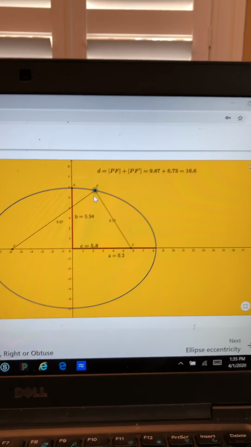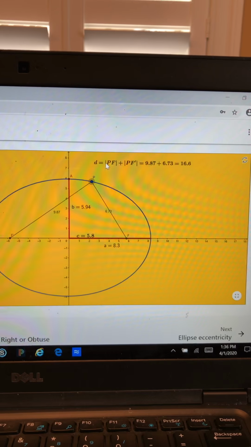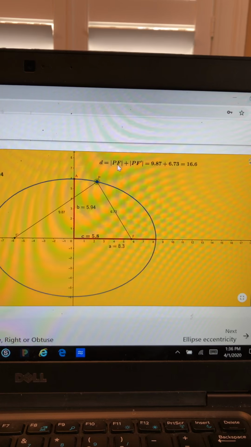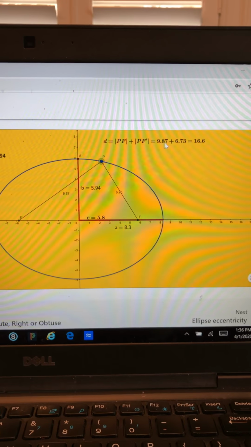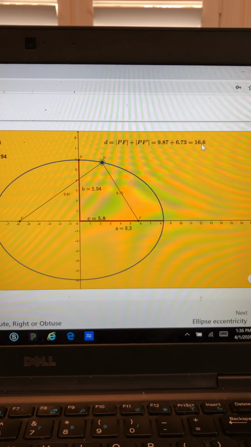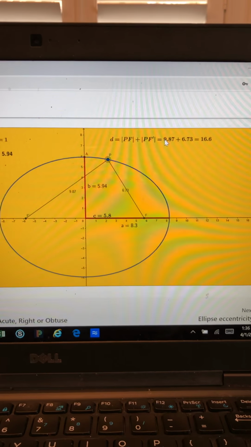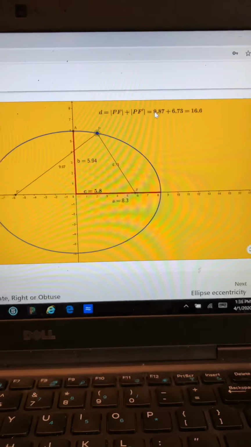Up here, you'll see there's a calculation: the length of PF plus the length of PF prime is going to remain constant at 16.6. And the computer is just calculating that distance based on the distance formula.